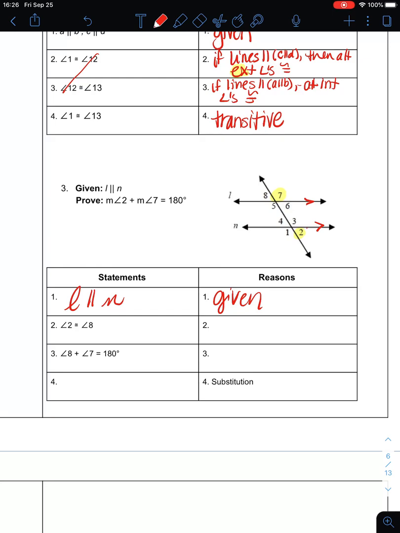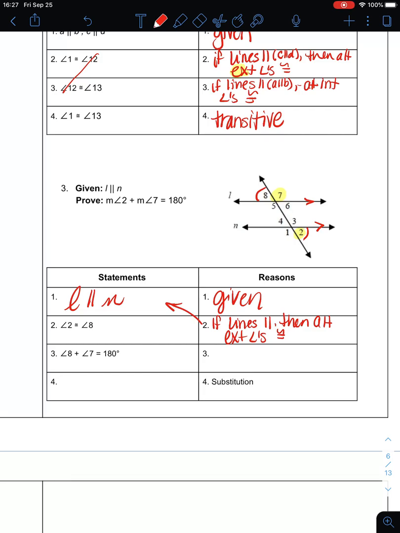So then let's use the clues that they have given us. They have said, let's use angle 2 is congruent to angle 8. It's not the only option. I could have started with 1 and 7. There are many things I could have said, but they gave us the hint of 2 is congruent to 8. So 2 is congruent to 8. When I look at that, I can say that that is true because if lines are parallel, like I just said they were, then alternate exterior angles are congruent.